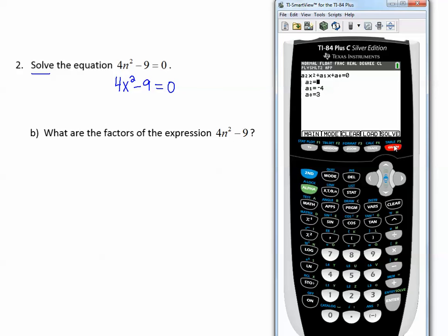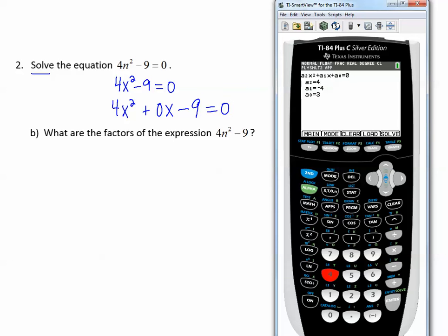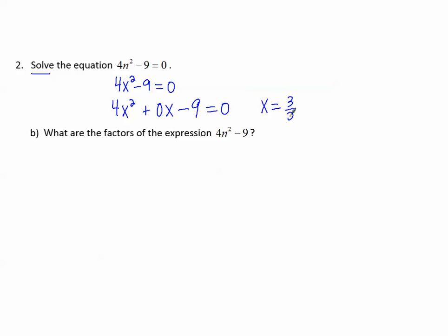Next, the x squared coefficient is 4. I don't have any x, so this is like 4x squared plus 0x minus 9. So 0 comes next, and then negative 9. Let's solve that, and we have x equals 3 halves and x equals negative 3 halves. Those are the solutions to the equation.